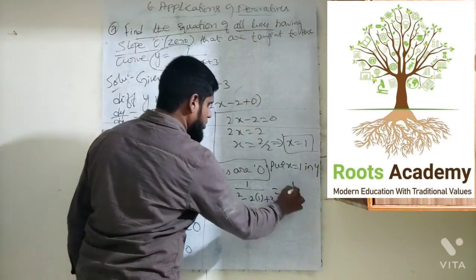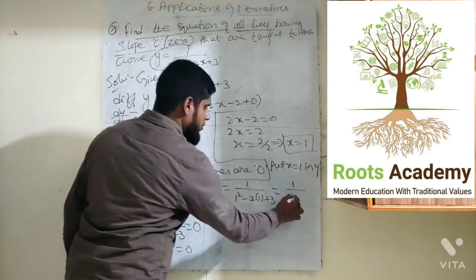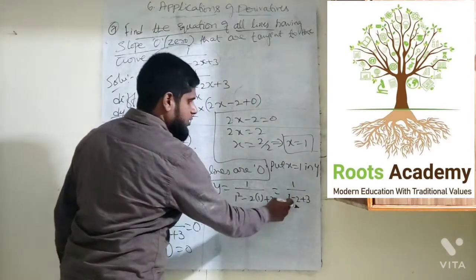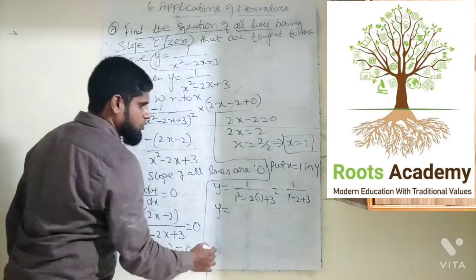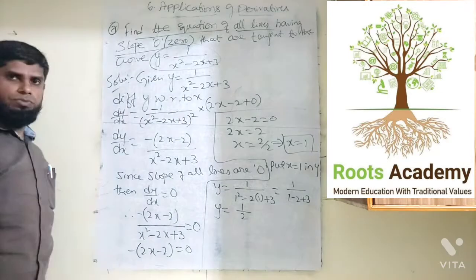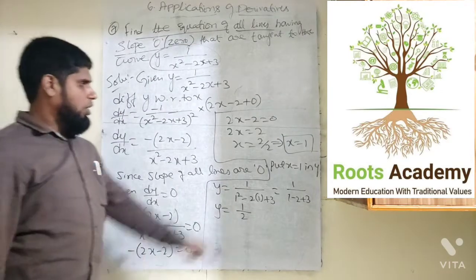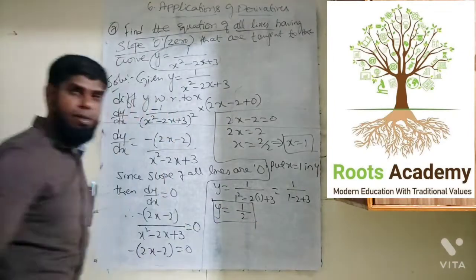So that is equal to 1 by 1 square is 1, minus 2 plus 3. This is 1 plus 3, 4, minus 2. So y is equal to 1 divided by 2. I got the value of x as 1 and y as half.